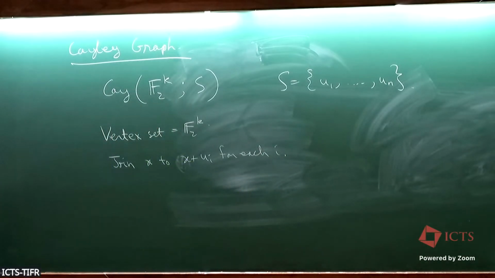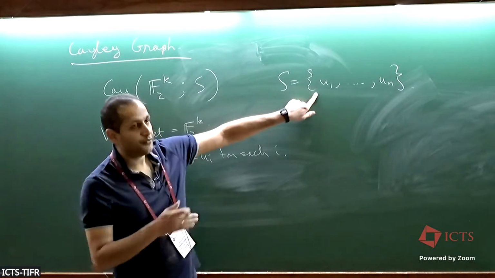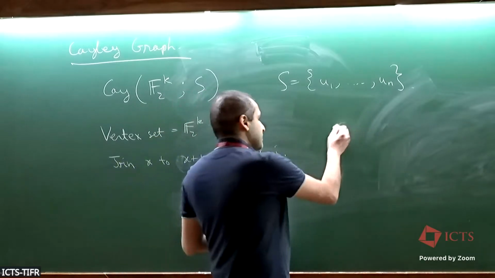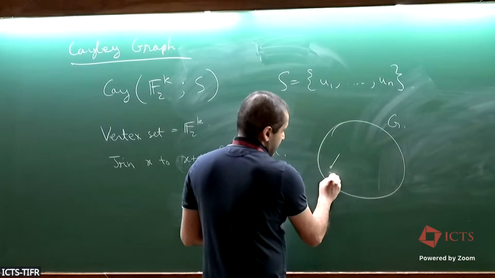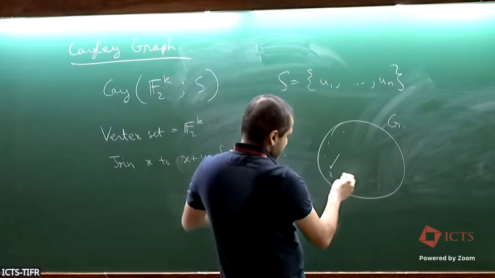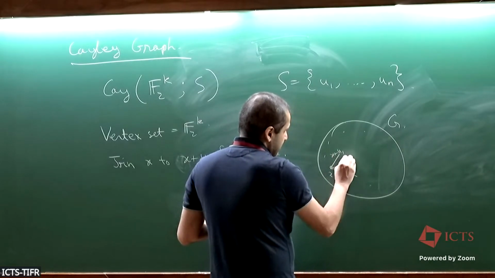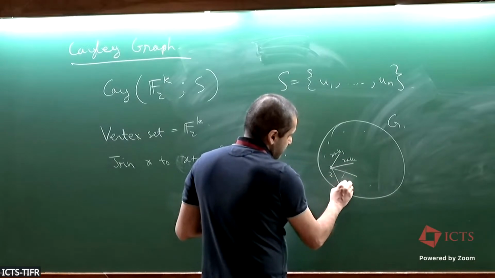Every element x in F2 to the k is joined to x plus u1, x plus u2, and so on up to x plus un. So the vertices of this graph are all of F2 to the k, and we have joined certain pairs: x plus u1, x plus u2, dot dot dot, x plus un.